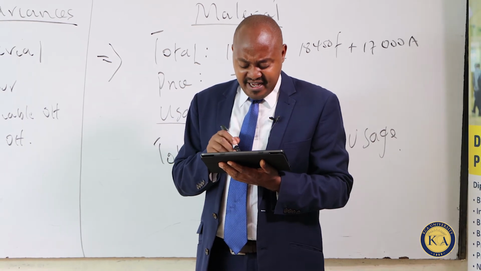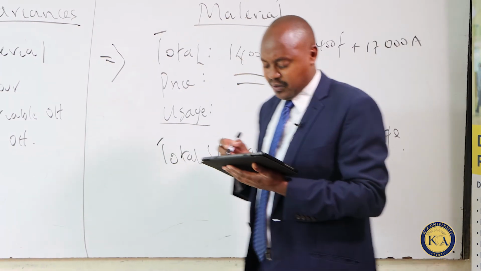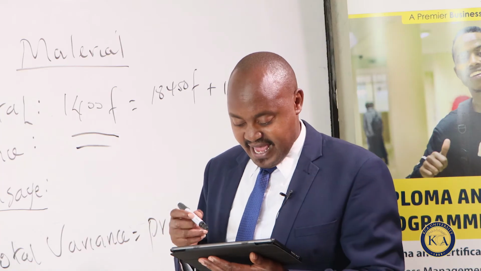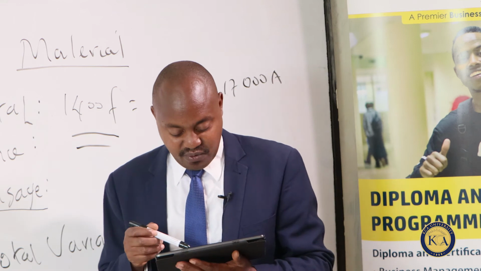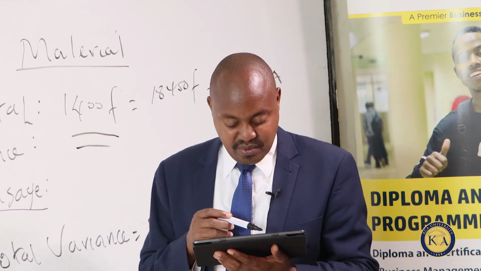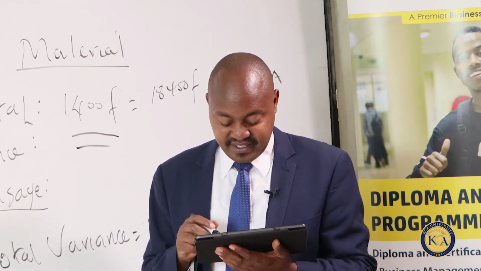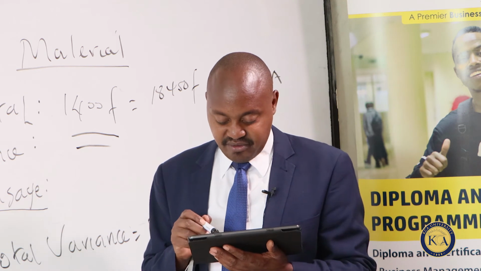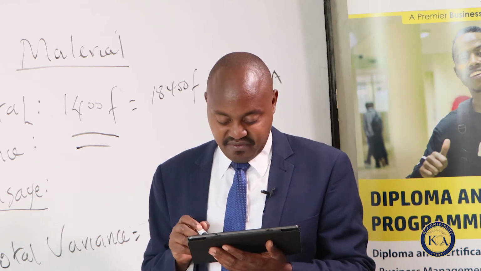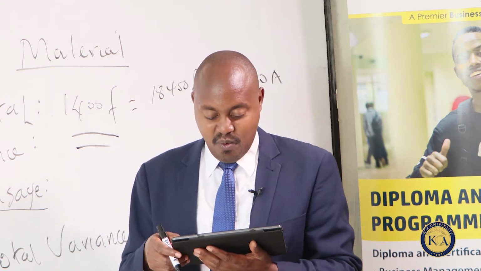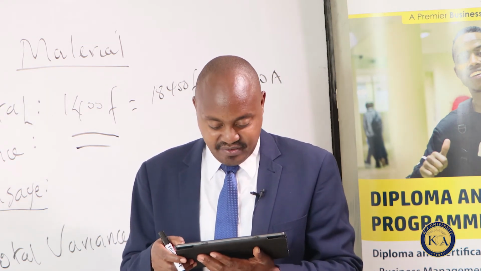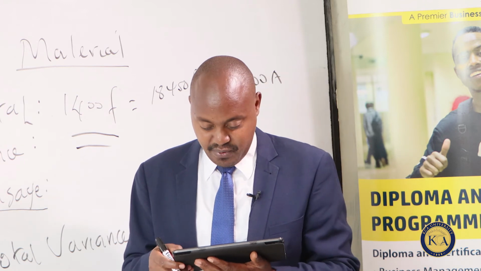So we have a 1,100 favorable labor cost variance, and the other 2 variances, the subdivision of it, are 2,600 favorable and 1,500 adverse. If you take 2,600 favorable and 1,500 adverse and add, you get the total variance of 1,100, which is favorable.